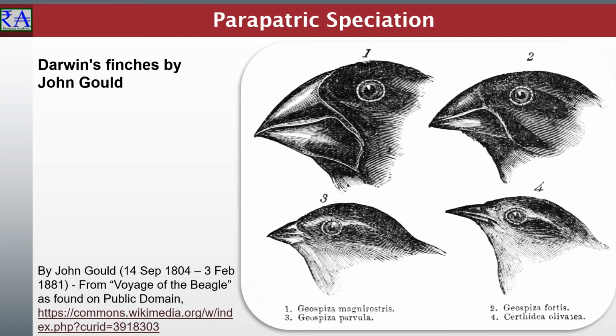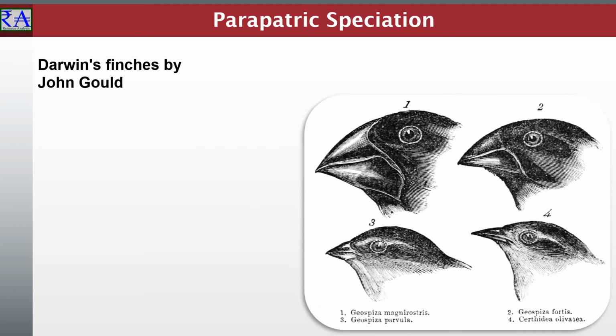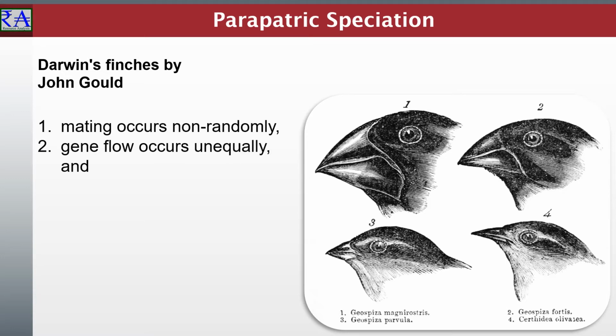In parapatric speciation, one population bifurcates into two subpopulations of a species, evolving in reproductive isolation from one another, while continuing to exchange genes. This mode of speciation has three distinguishing characteristics. 1. Mating occurs non-randomly. 2. Gene flow occurs unequally. And 3.